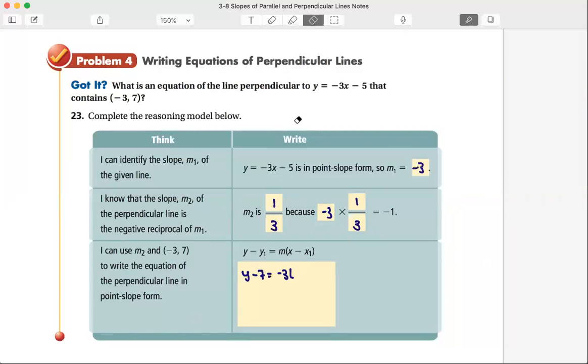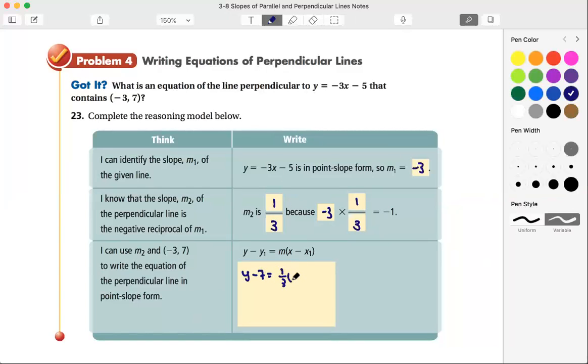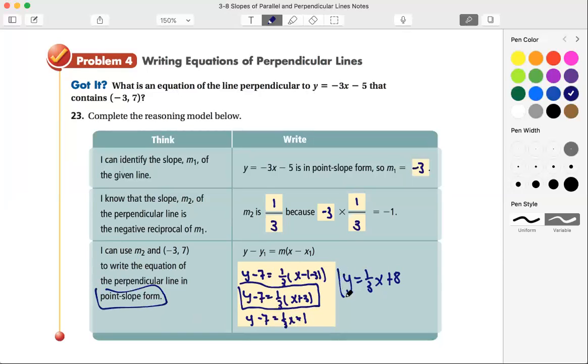Sorry, that's the wrong slope. We want 1/3 times the quantity x minus a negative 3. So we have y minus 7 equals 1/3 times x plus 3. Y minus 7 equals 1/3 x plus 1. Add 7 to both sides, so y equals 1/3 x plus 8. Now, you can leave it in point-slope form, and that's the answer in the question, or you can simplify it. Both are fine. Just read the question.